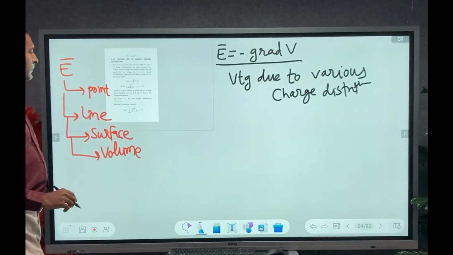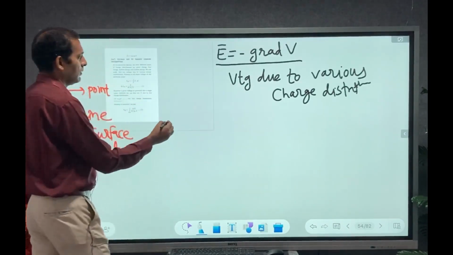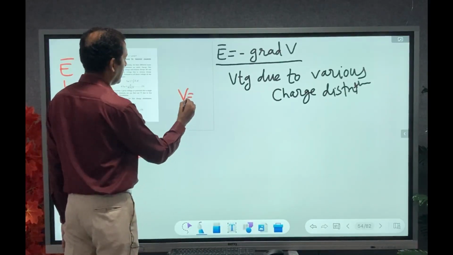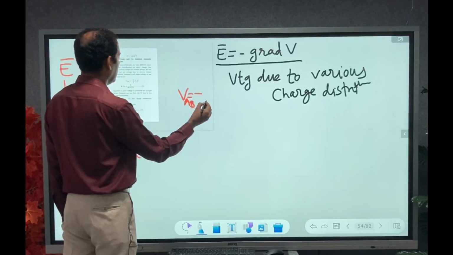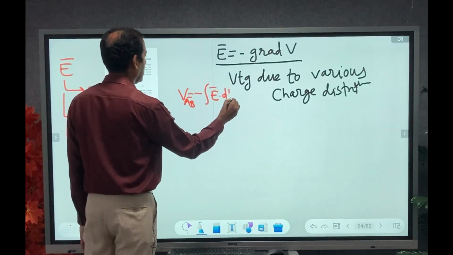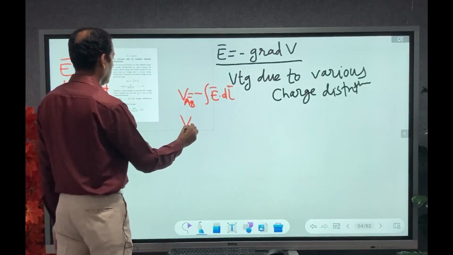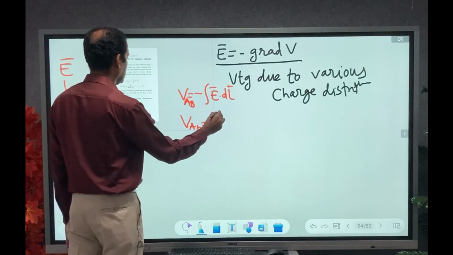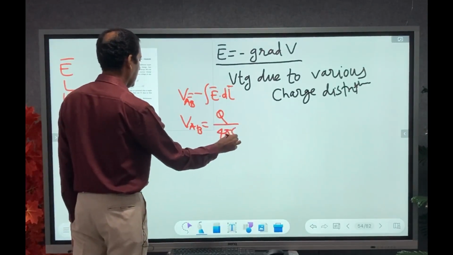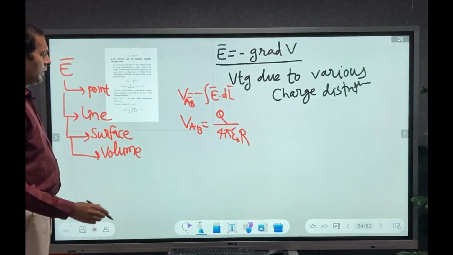So let us consider the formula. We will write down the relation between voltage and electric field intensity. The first one is V, the voltage between two different points. Say VAB is equal to the integral of E bar dot dL bar, or we can say VAB is equal to Q upon 4 pi epsilon naught R. Now what is this expression?